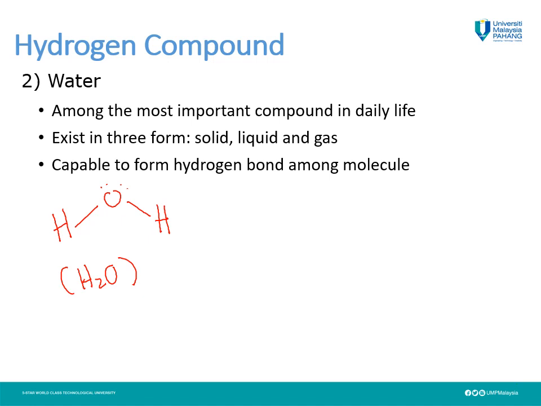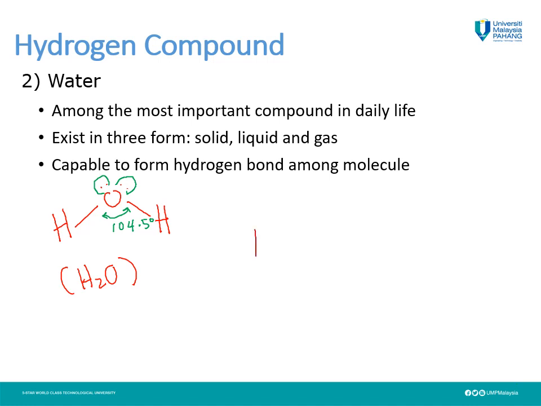Because the lone pair electrons are capable of having a repulsive force on the OH bonding, it will bend, forming a bond angle of 104.5 degrees.